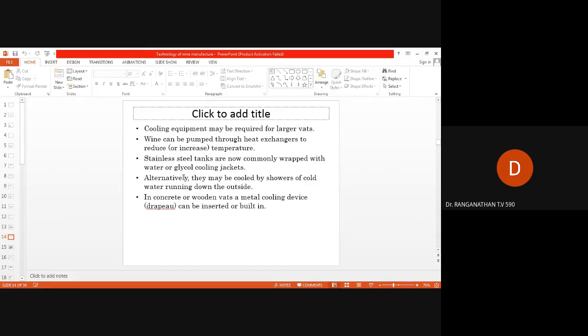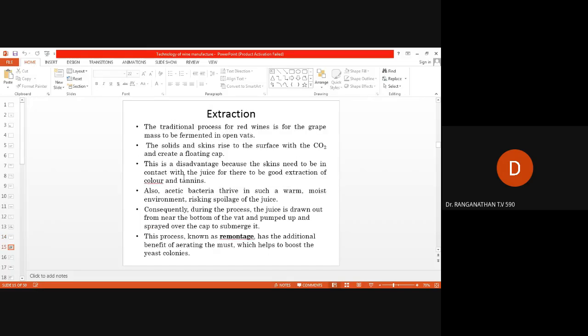Extraction: the traditional process of red wine is for the grape mass to be fermented in an open vat. The solids and skin, as I already said, rise to the surface with the carbon dioxide and create a floating cap. This is a disadvantage because it can lead to other unwanted types of fermentation.